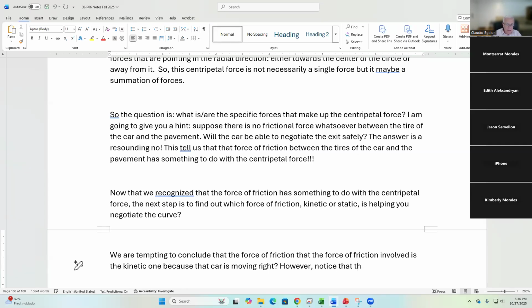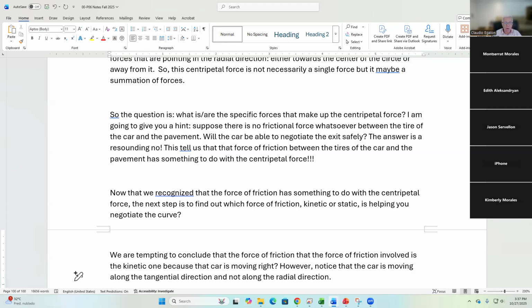note that the car is moving along the tangential direction and not along the radial direction. Okay? Think about that.